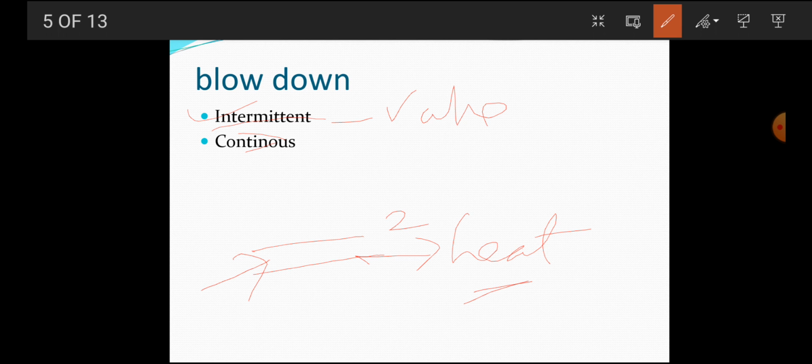The next is continuous. So in continuous blowdown, there is a steady and constant discharge of small amounts of concentrated water, replaced by a steady and constant inflow of feed water. So in this, continuously water is moving out and continuously water is moving in.